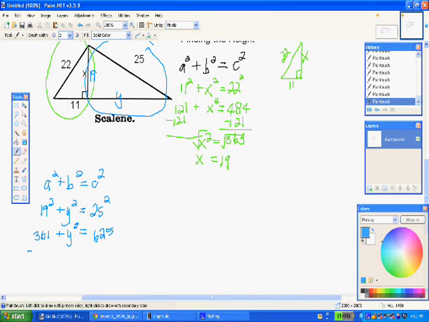And then I want to get y squared by itself, so I'm going to subtract 361 from both sides. We get y squared equals 264. And now we need to figure out what y is by itself, so we're going to take the square root.